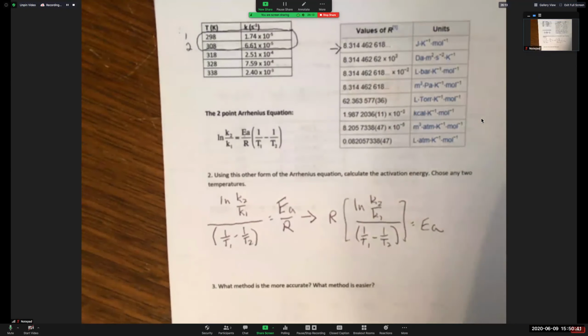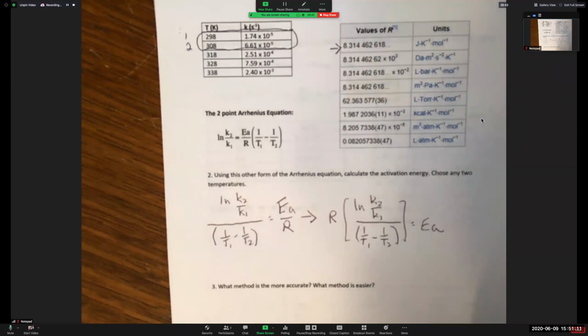I think I might be able to do this straight away. First of all, I'm going to take K1, which is 1.74 times 10 to the negative 5, and divide it by K2.